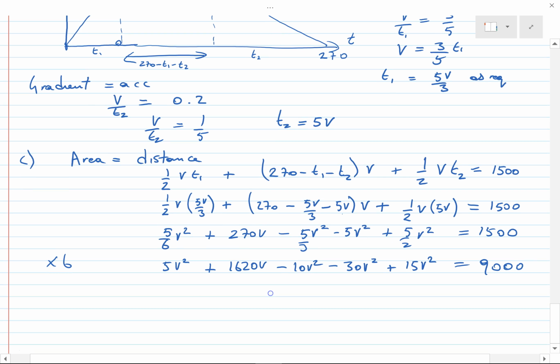Now rearranging that, we get 20v squared minus 1620v plus 9,000 equals 0. Let's divide by 20 now. v squared minus 81v plus 450 equals 0.